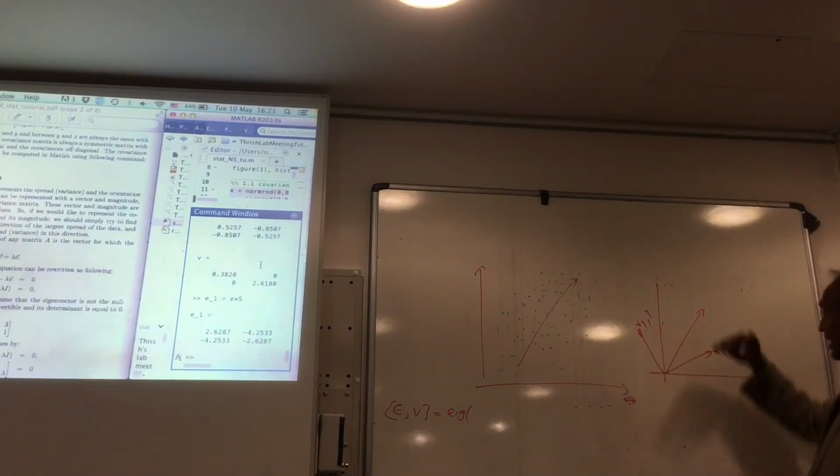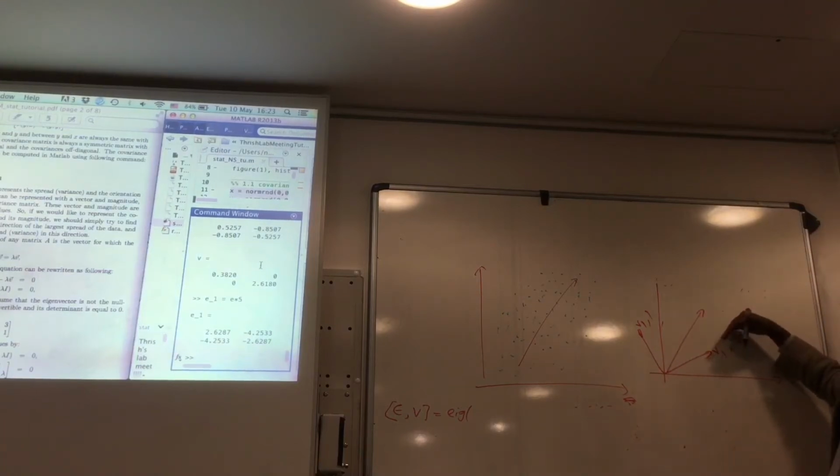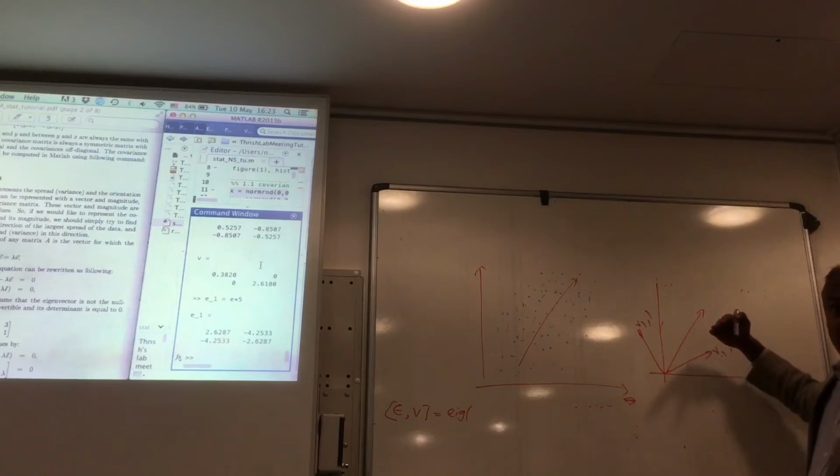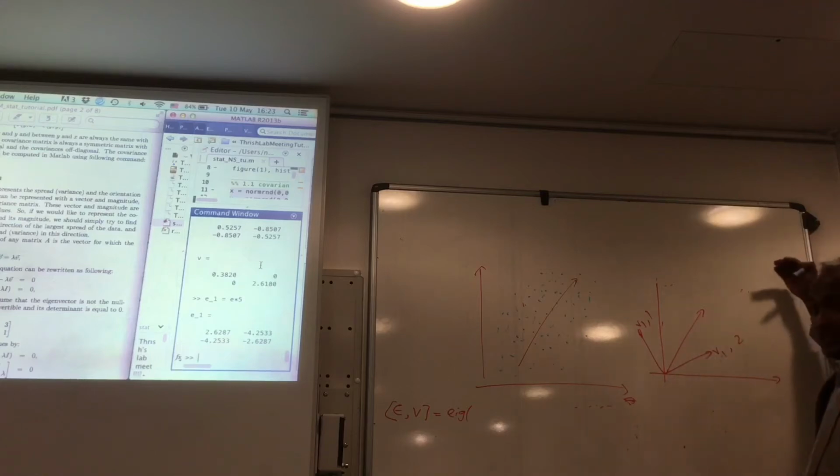It will be attracted to that, and then scaled up or down. It will be elongated, right?